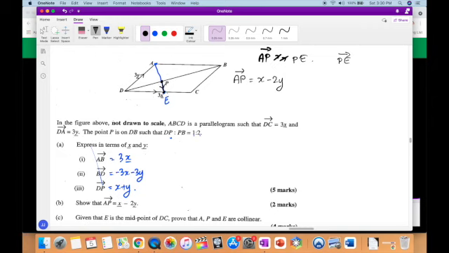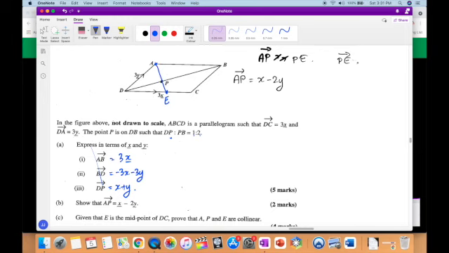PE, going from P to E, that is driving from P to D and then D to E. Would you agree with that, Scotia? Okay. I don't want to use black because black looks like part of the diagram.